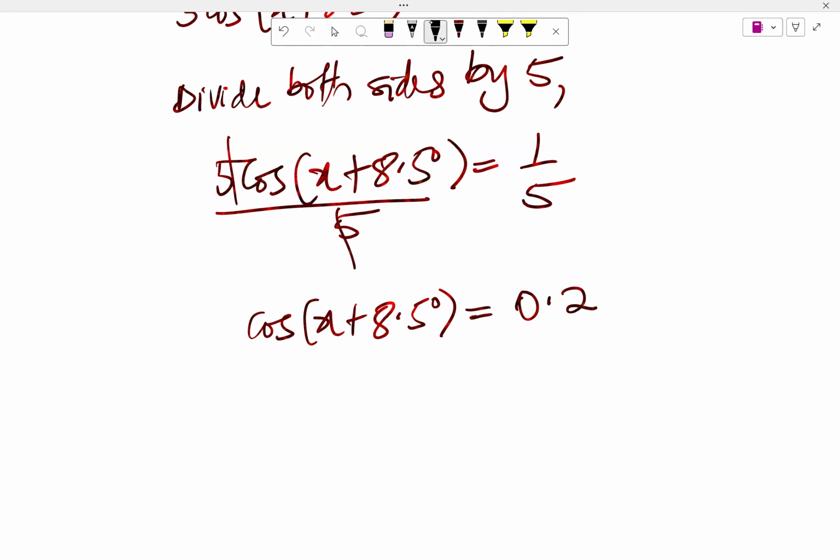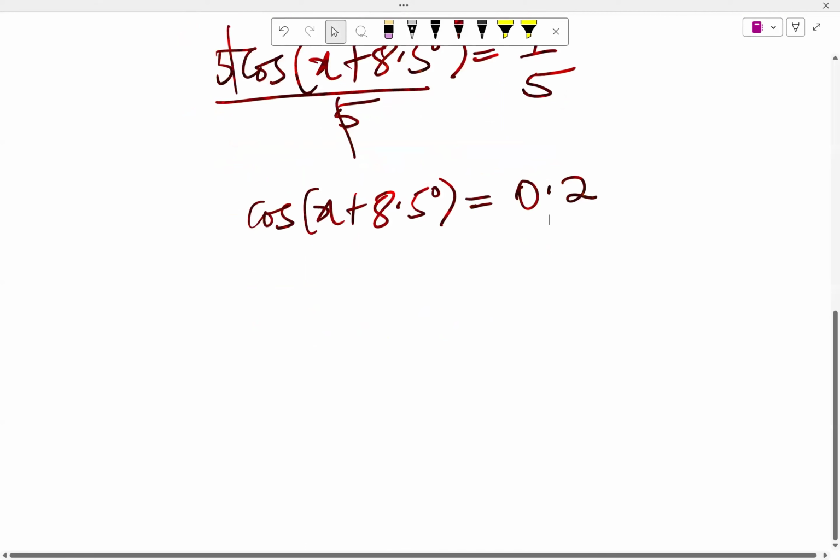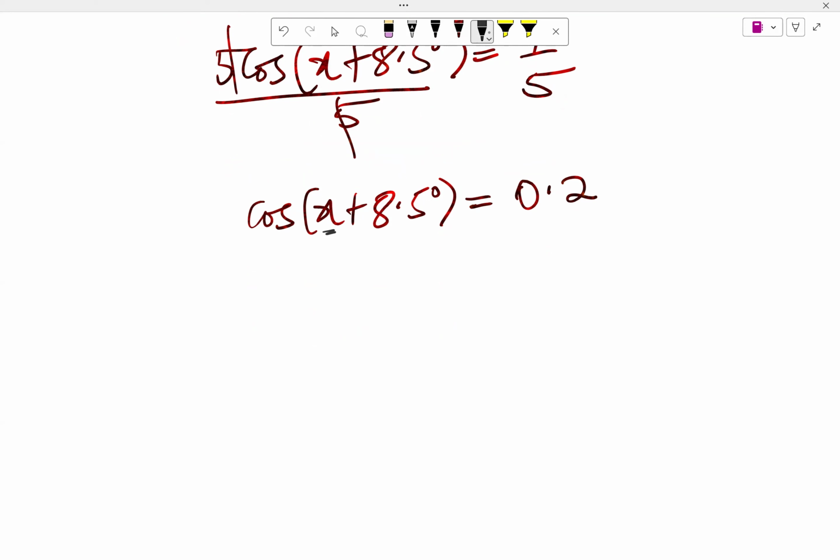So we are gradually getting close to x. The next thing we have to remove to get closer to x is cos. The way to get rid of cos is to take the arc cos, the inverse cos, of both sides.